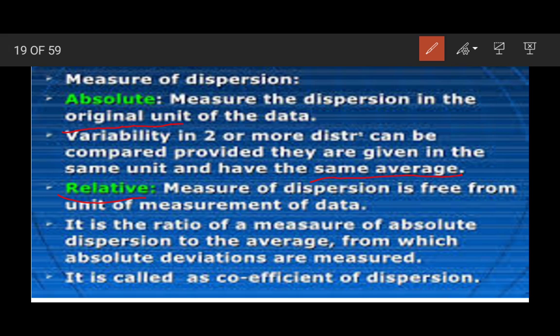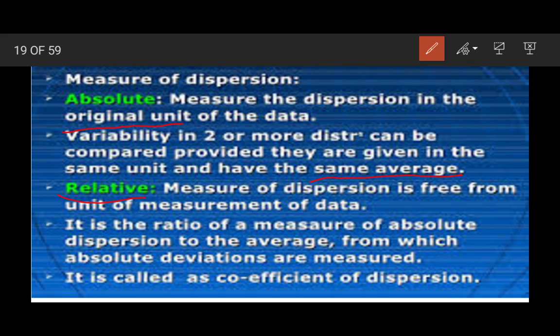It is free from the unit of measurement of data. It is the ratio of the measure of absolute dispersion, and so it does not depend on the average. It is free from the average.